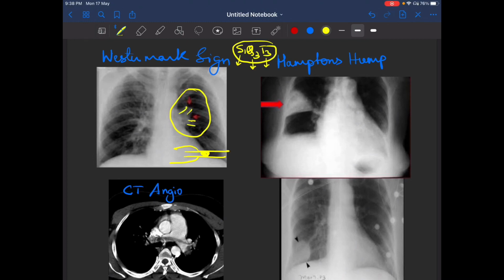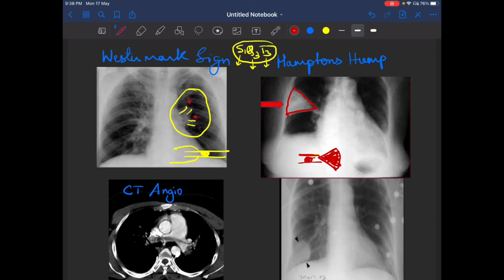Okay, and here if you have a vessel that is obstructed, there will be an infarct, because the bronchoalveolar segments are mostly triangular or pyramidal. There will be a triangular infarct. This is called Hampton's hump.